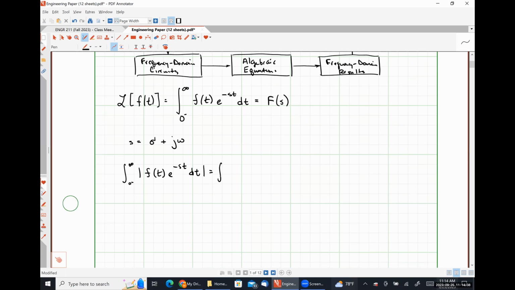Will be equal to the integral from 0 minus to infinity of the magnitude of our function times the magnitude of e to the negative sigma t times the magnitude of e to the negative j omega t. We're just splitting that s up into its constituent parts, s equals sigma plus j omega, dt. And now we're going to play around with this just a smidge.